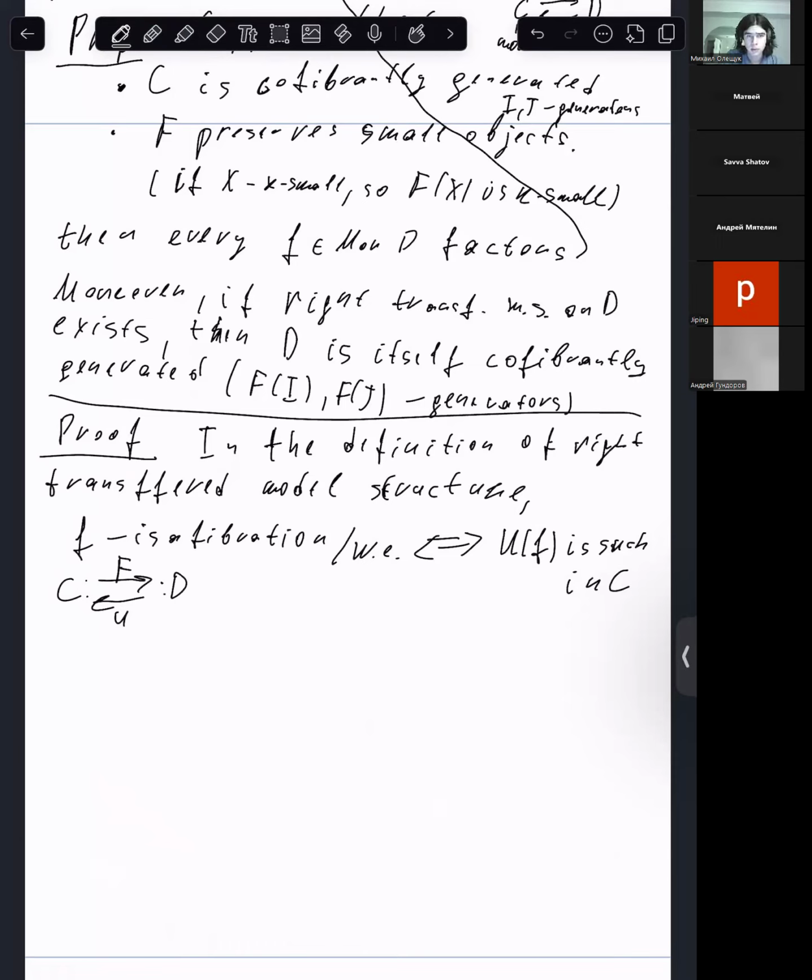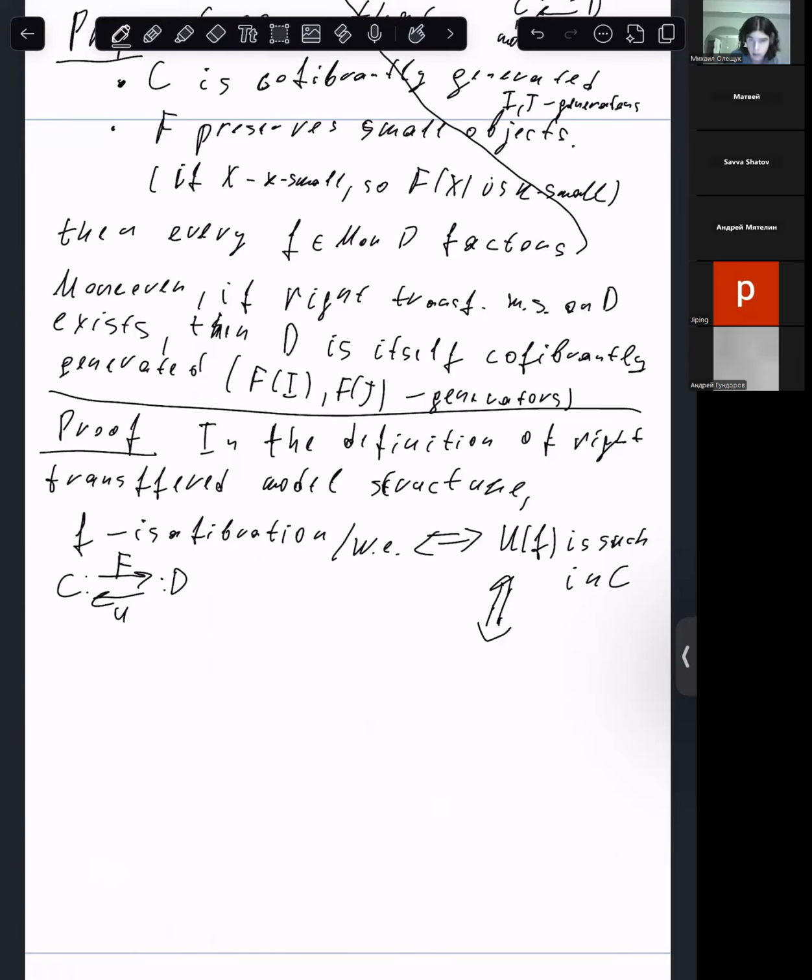I want to say that equivalently, we can say that the fibrations are the maps that have the right lifting property against images of acyclic cofibrations in C by the functor F. So we have acyclic cofibrations in C here.